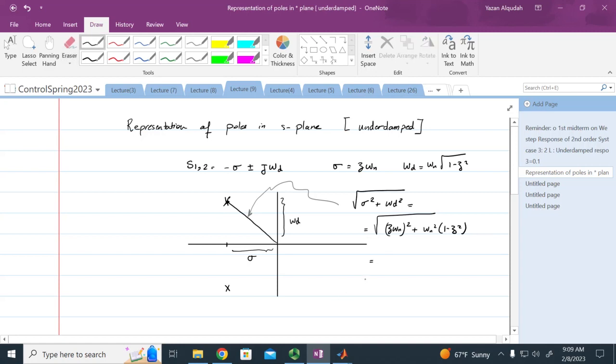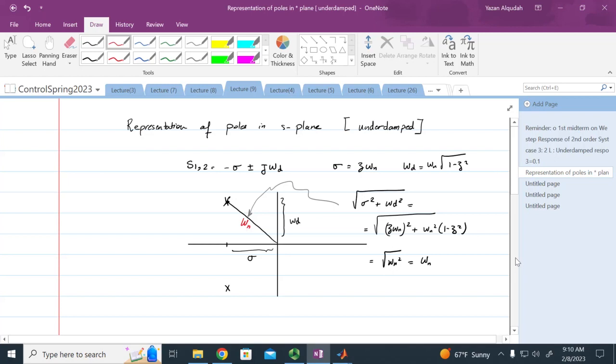If I square it, zeta squared omega n squared is going to cancel with the omega n squared zeta squared. So I'm going to just have the square root of omega n squared, which is equal to omega n. So the length of this vector is equal to omega n. What was omega n? Anybody remember what omega n is? The natural frequency?